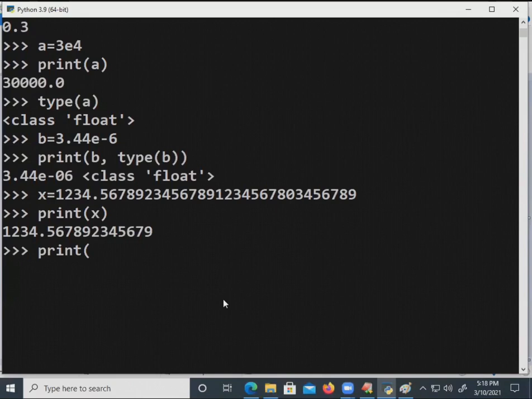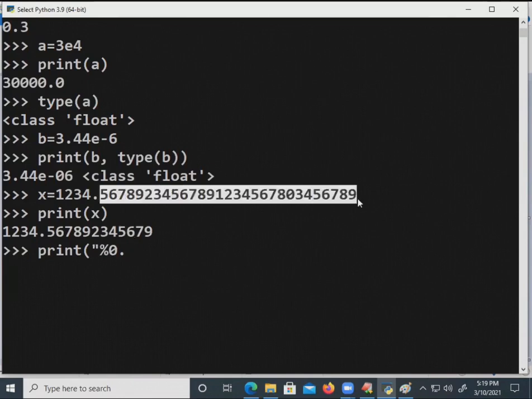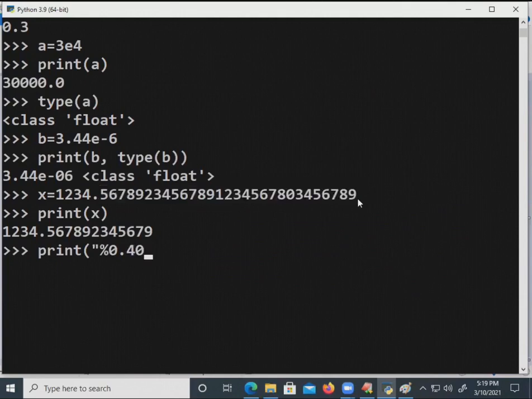Print of, see guys, at what extent we are learning it. 0 point, how many digits are there here? For example, some 20, 25 are there. Now I am writing 40 F. Of course, this may be bouncing for you. Let it bounce, no problem. Print of X, I am saying print X value with how many decimal places? 40 decimal places.